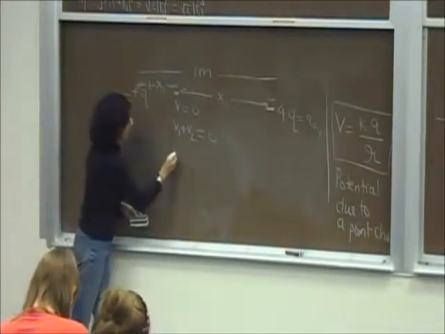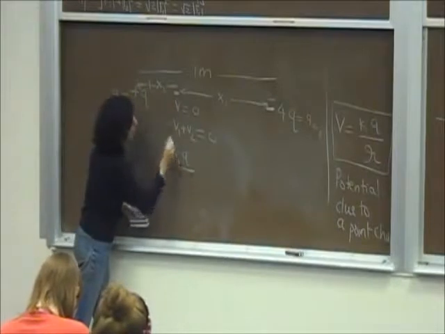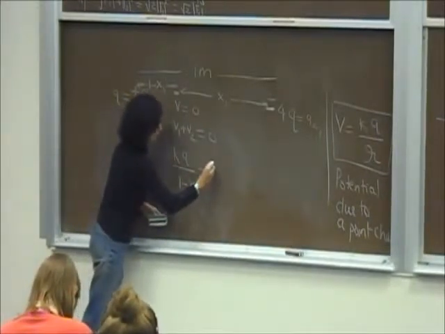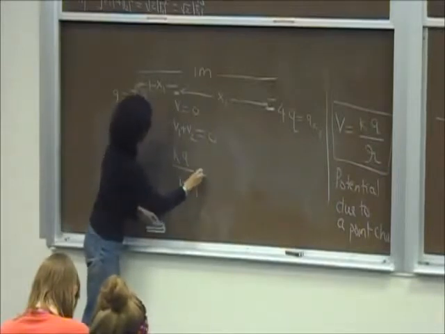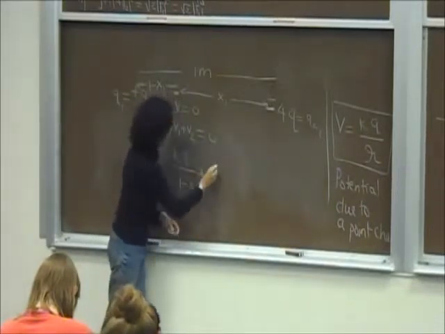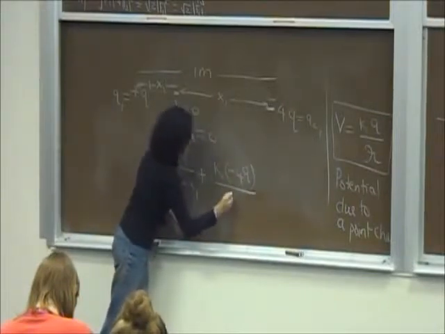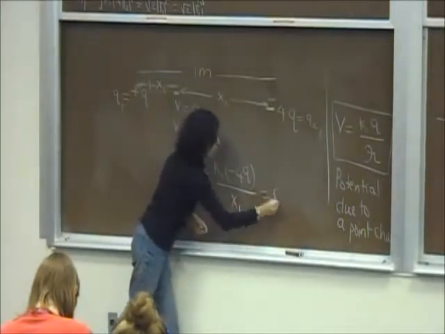So we have K Q over 1 minus x1 plus V2, which is K times minus 4Q divided by x1, should be equal to 0.